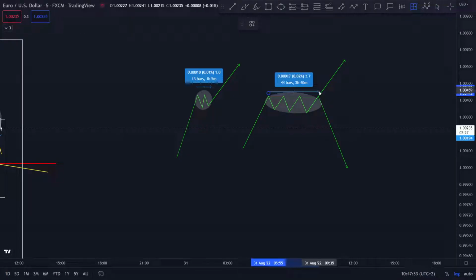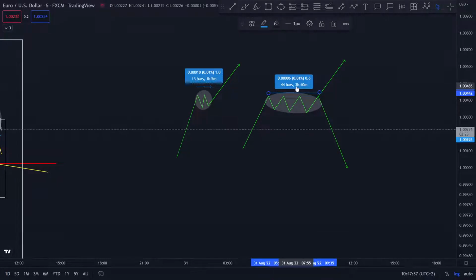In this case, this trading range lasted 44 bars, 3 hours and 40 minutes. The chances are not 60-40 anymore. The chances are about 50-50. Could break to the upside, could have a bull breakout or a bear breakout.